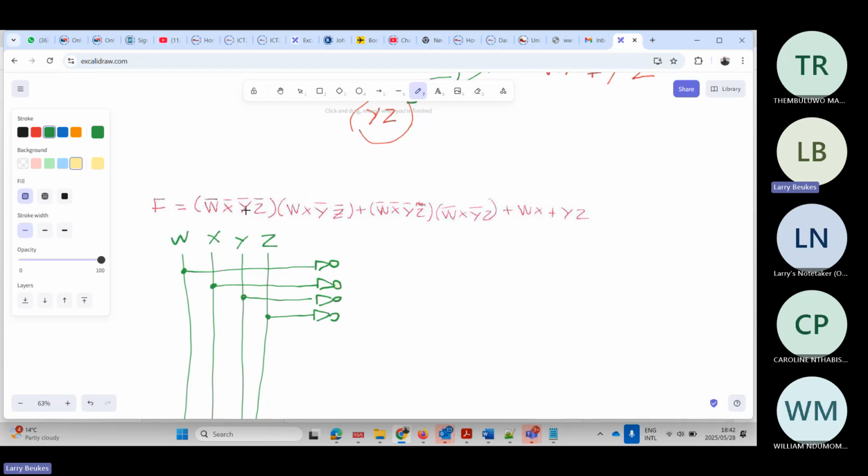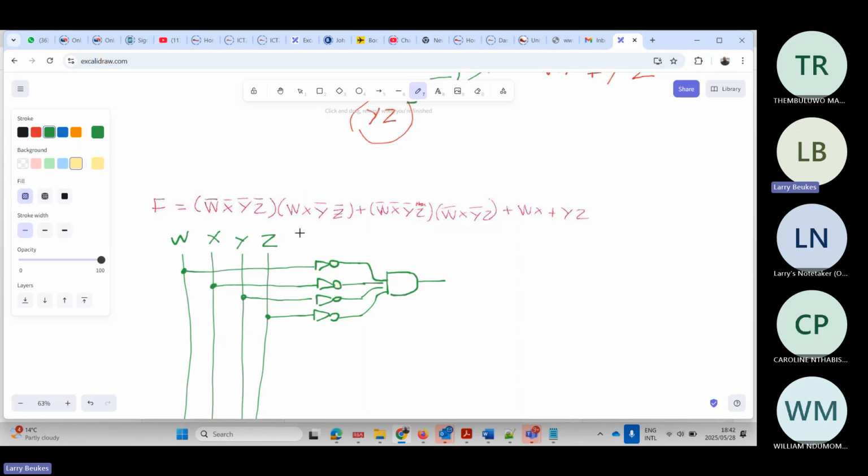All right, so this is a 4 input AND gate. So then we take these, these are all inputs into this AND gate of ours. Great stuff.